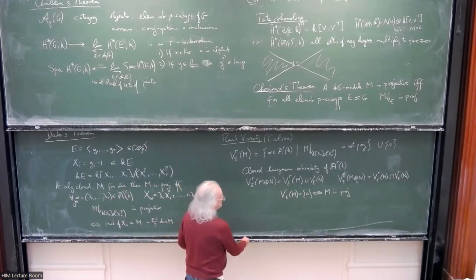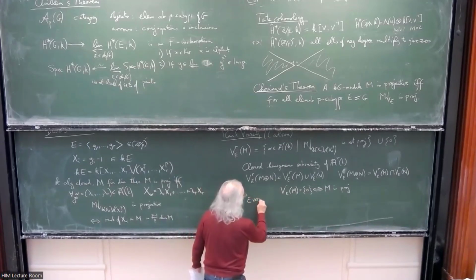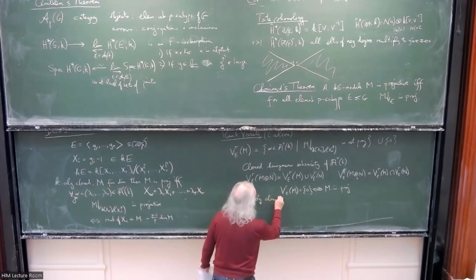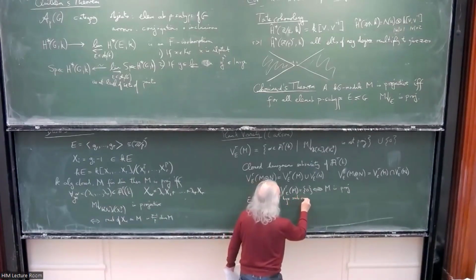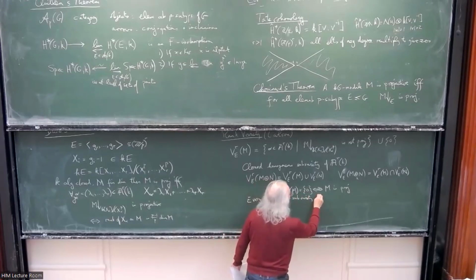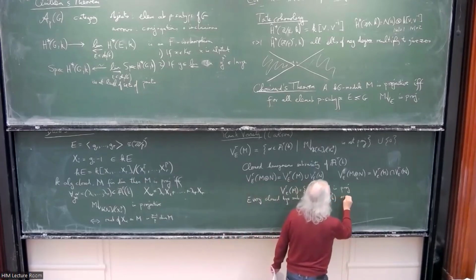So the next property is that every closed homogeneous subvariety of affine space occurs this way.